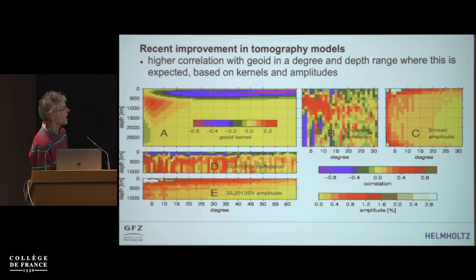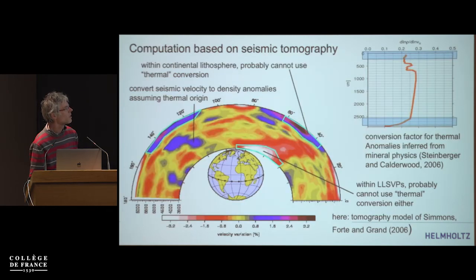But then you see for the higher degrees, this SL, this Schäfer and Lebedev model, gives a much better correlation at shallow depths. So that would indicate that this is a higher resolved model at lithosphere depths. Right. So this is the reason why I show results now which are based on this Schäfer and Lebedev model, because that includes surface waves, and so that's good at lithosphere depth, which is the most relevant depth for dynamic topography.